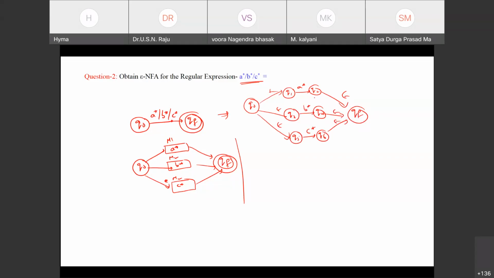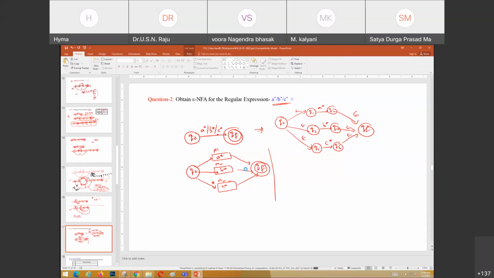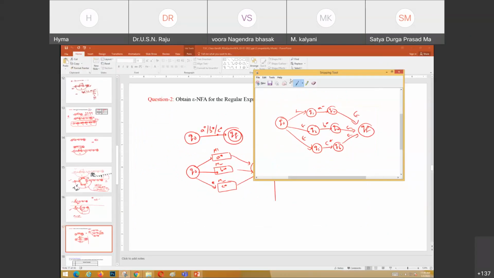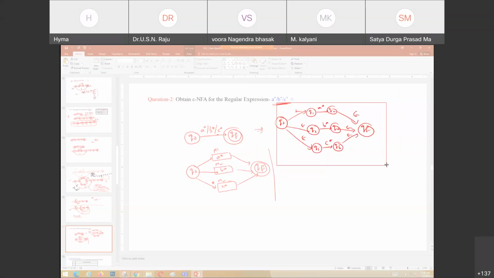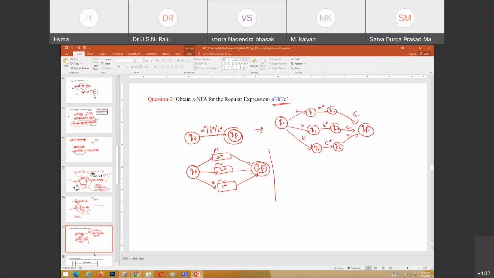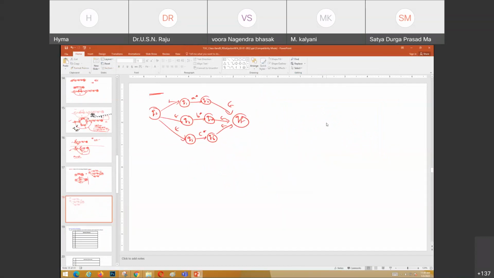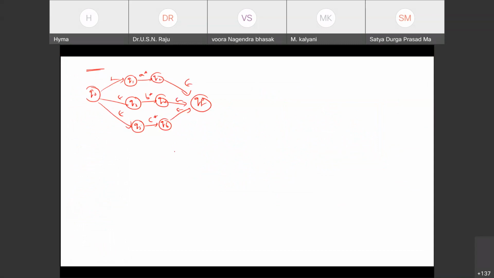Then you expand the diagram between Q1 and Q2 with A star. So how do you do that? Q naught, Q1, Q2.